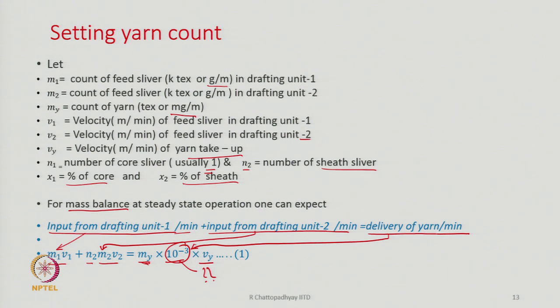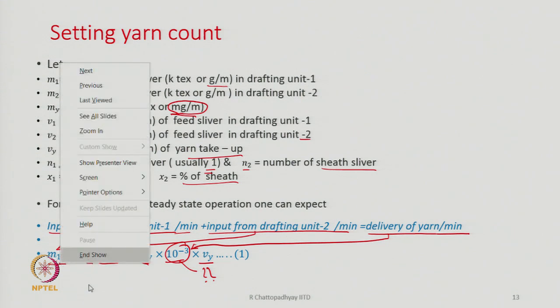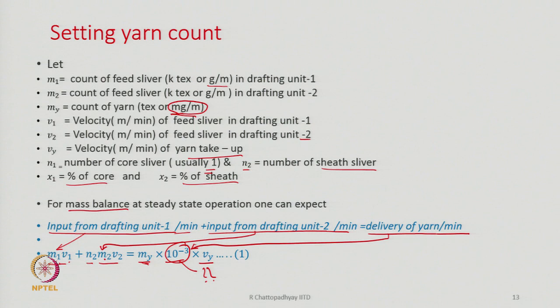So, tex value of the yarn basically means it is milligram per meter, whereas M1 is the kilotex value of the sliver, so it is gram per meter. So, it is gram per meter into velocity, so much gram I am feeding. This is also gram per meter into delivery speed into so many slivers being fed. It is giving me total gram being fed per minute.